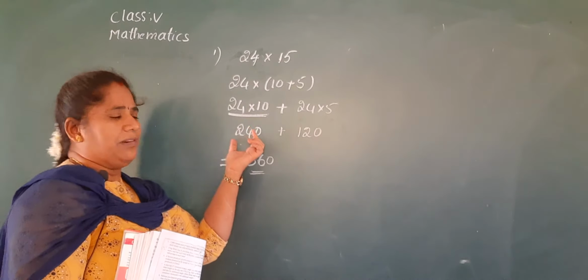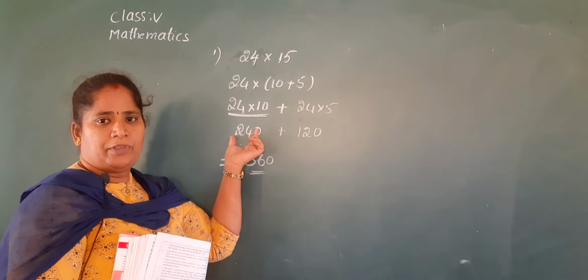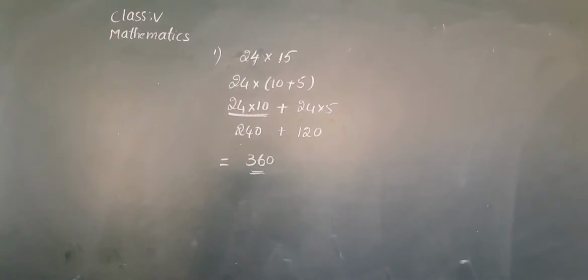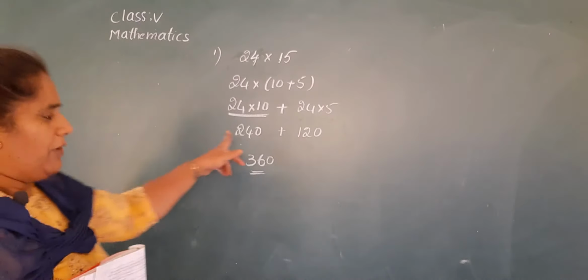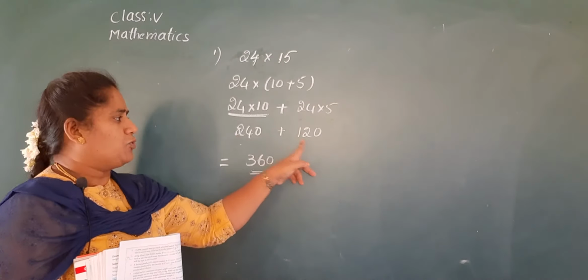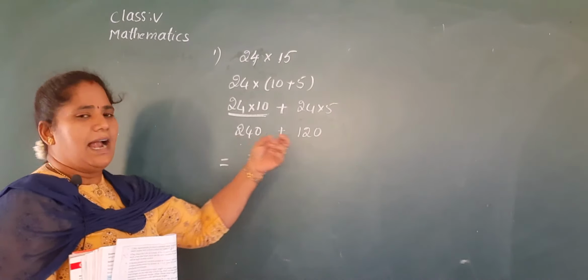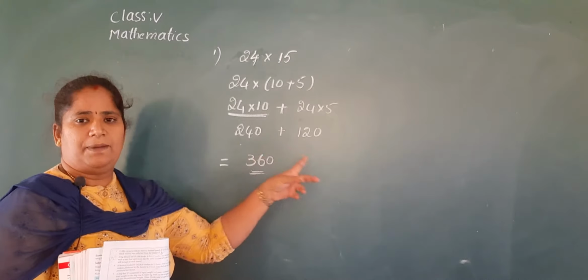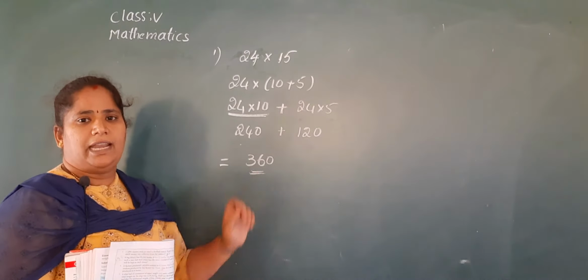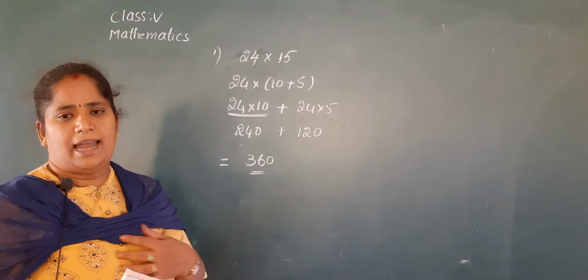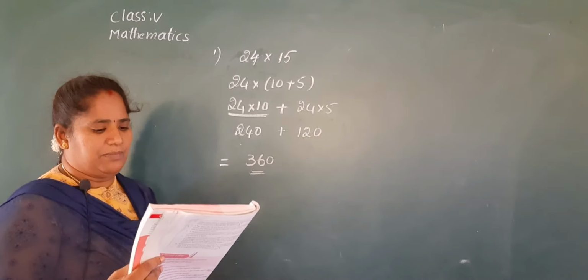Just write half of this product. Half of 24 is 12, and we keep 0, so 120. Now you add these two numbers, 240 plus 120 equals 360. Like this we will do multiplication by 15.